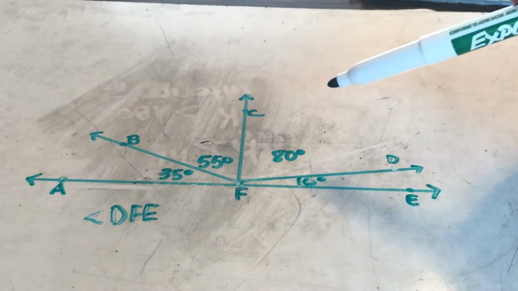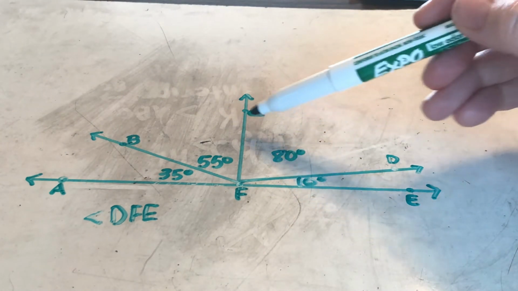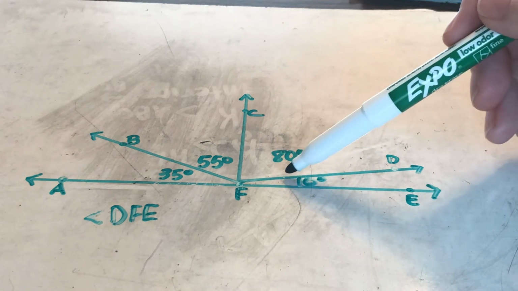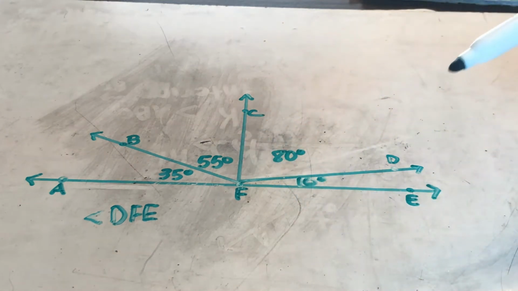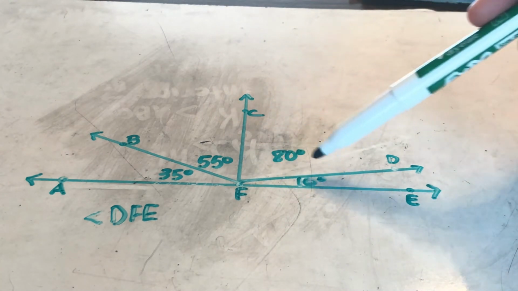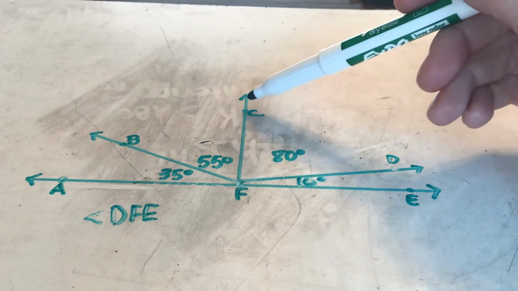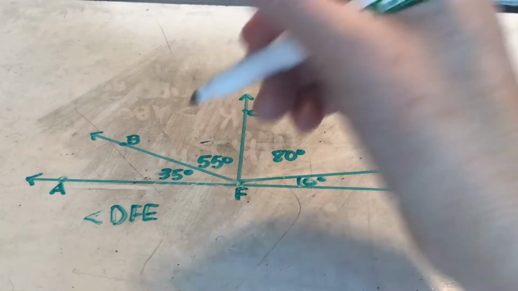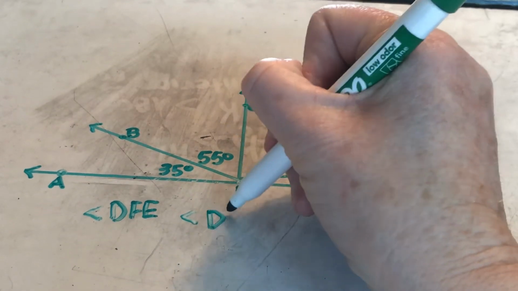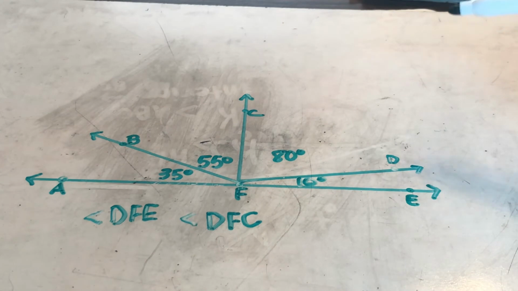If I keep looking, this area in here is 80 degrees from here to here, not from the bottom. From here to here is 80 degrees. I also know that that's less than 90, so this would be an acute angle, DFC. That would also be an acute angle. So angle DFC would count as an acute angle.